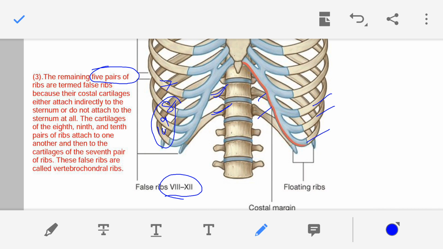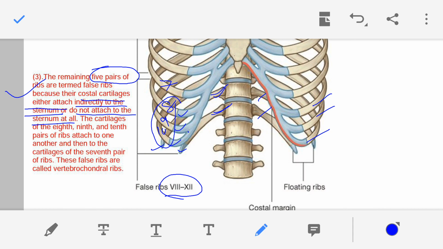These 5 pairs of ribs are known as false ribs because of their costal cartilage. Observe the position of the costal cartilage of these ribs. You observe the costal cartilage of all 5 pairs of ribs, and you will find that the costal cartilage either attaches indirectly to the sternum, or it is not attaching to the sternum at all.